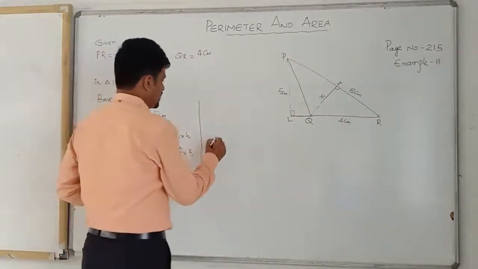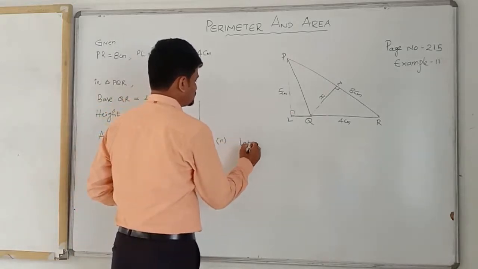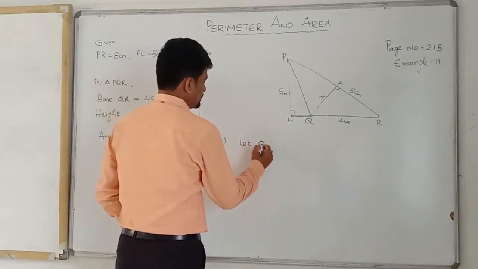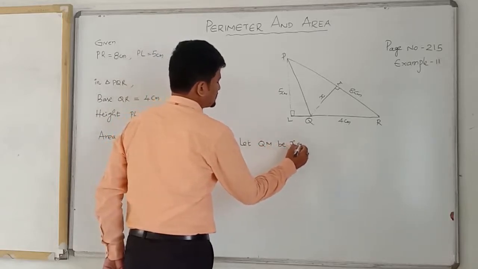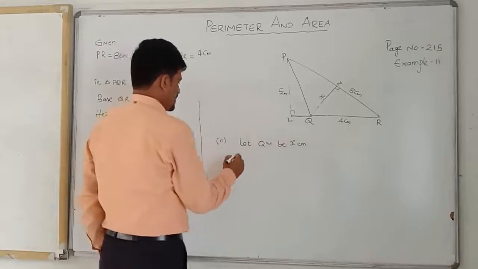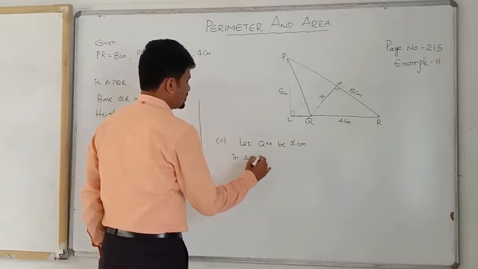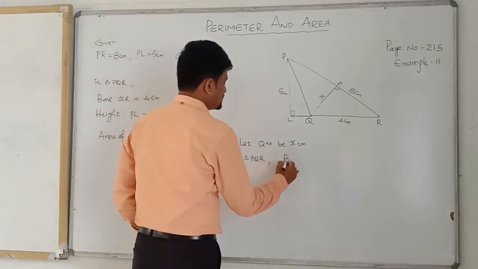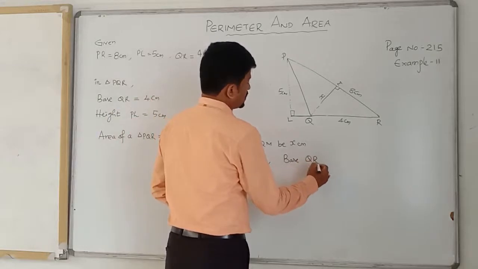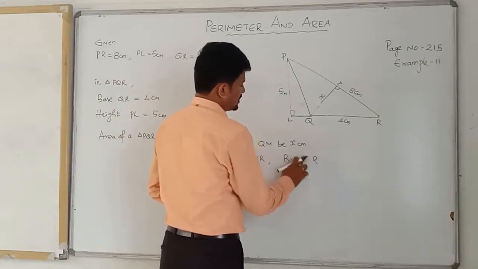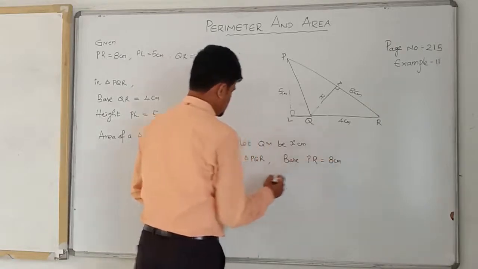Okay. Now I will solve here. Let QM be x centimeters. And in triangle PQR, base PR is equal to 8 centimeters, given.